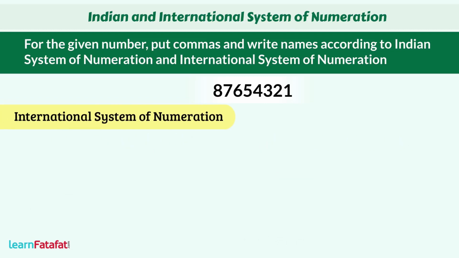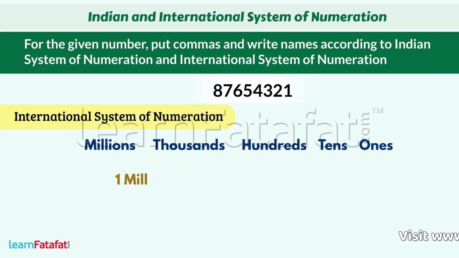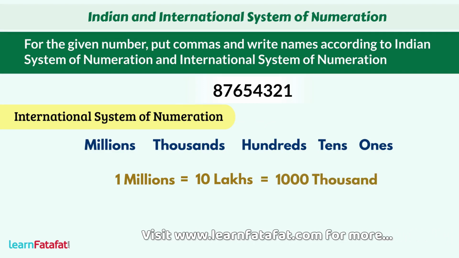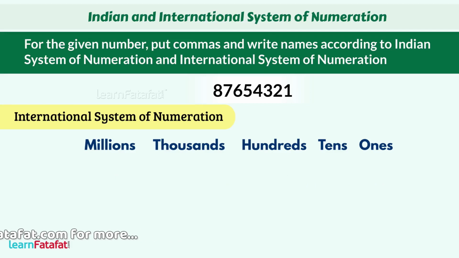In the International System of Numeration, ones, tens, hundreds, thousands and millions are used, where 1 million is equal to 10 lakhs, which is equal to 1000 thousands. In this system, commas are used to mark thousands and millions.